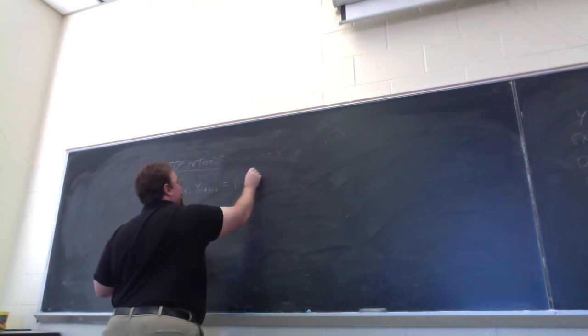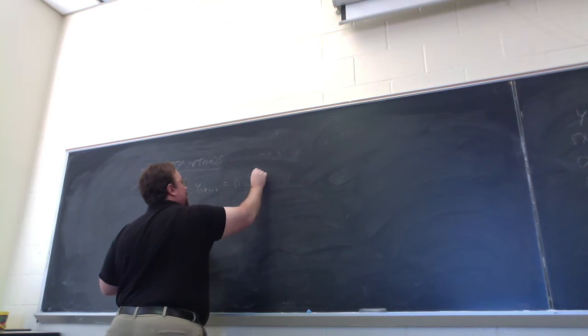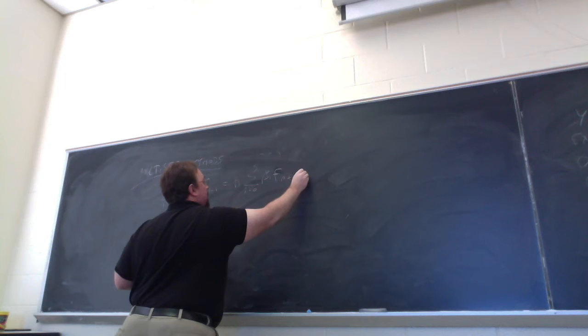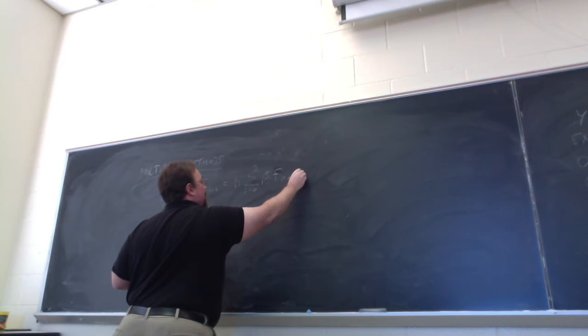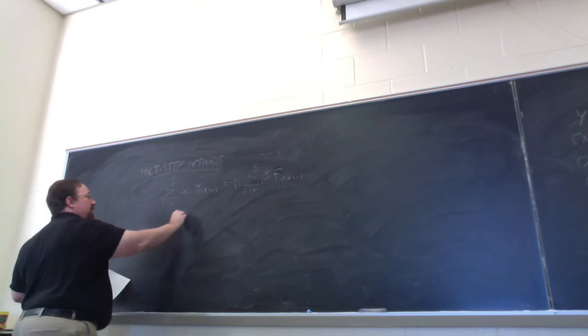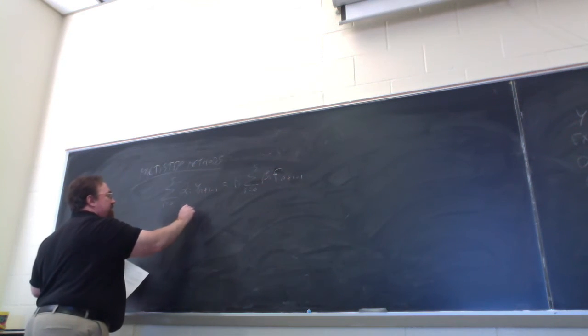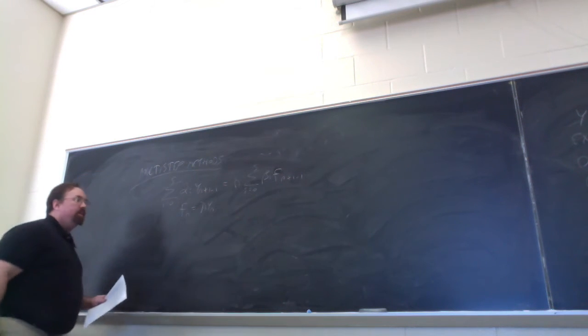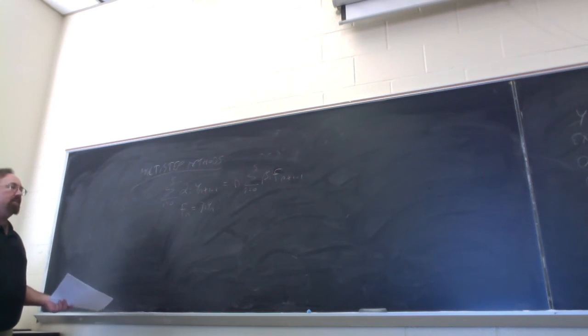Here are alphas and betas. Okay. And you plug in a test equation. So f_n is lambda y_n. So all the f's go away. Now we have only y's.